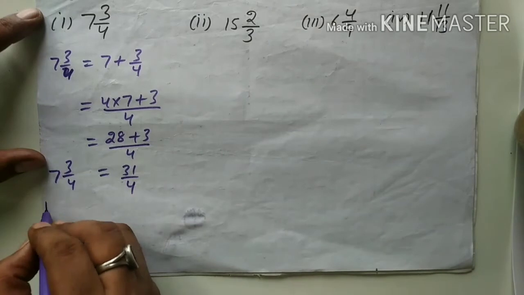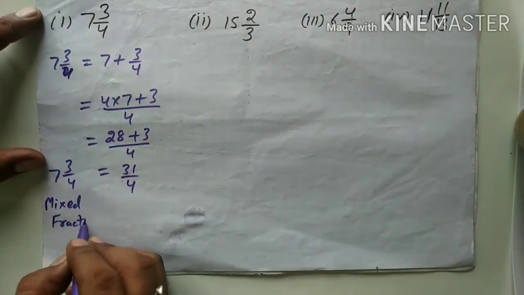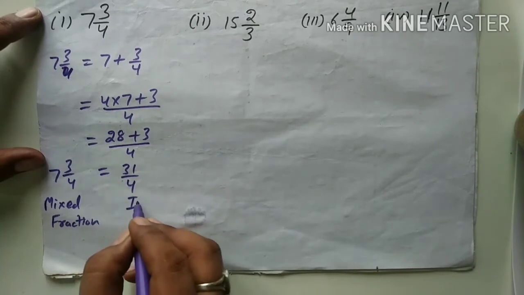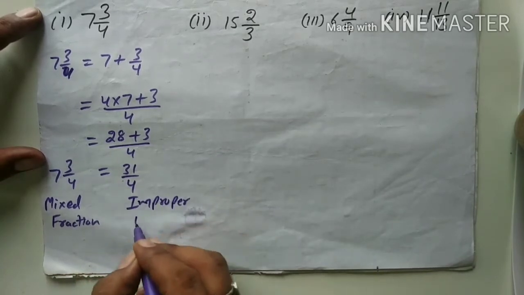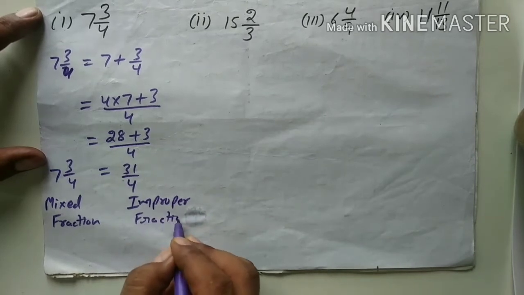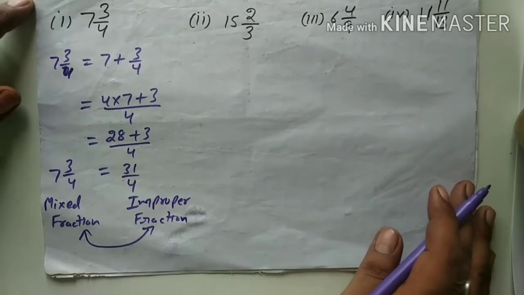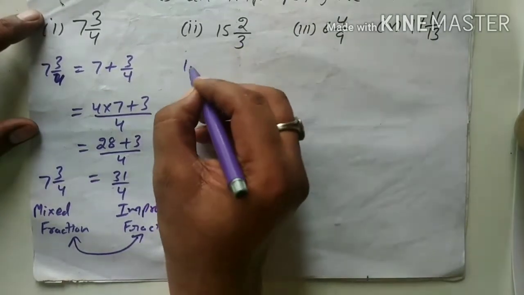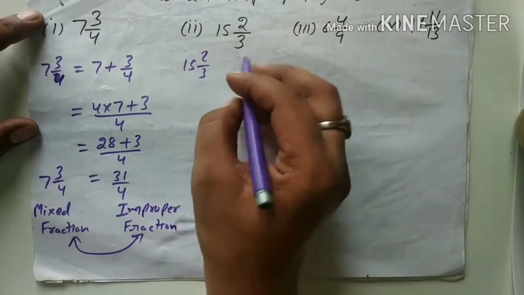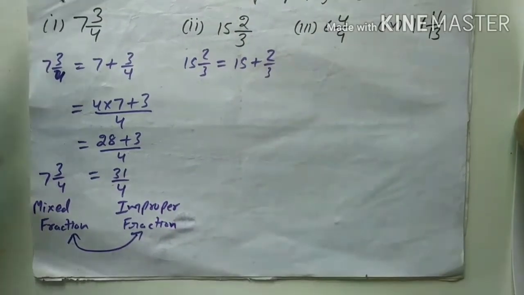Okay student, this was the mixed fraction and this is the improper fraction. Now we are on the second part. 15 and 2 by 3 can be written as 15 plus 2 over 3.